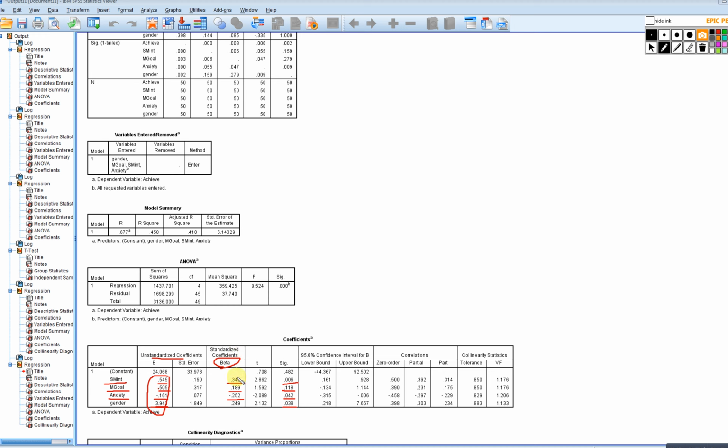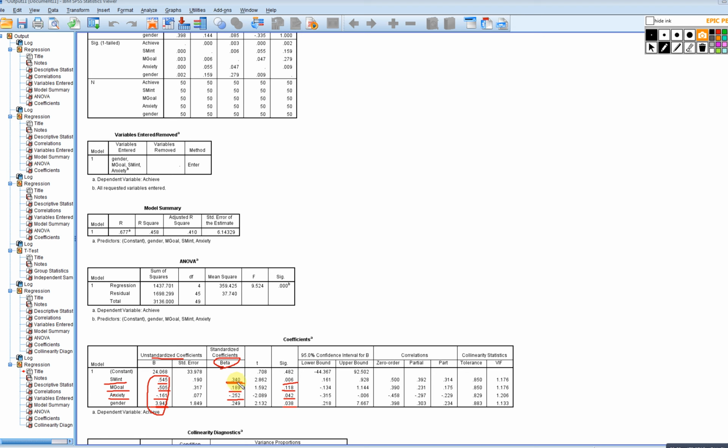Because our predictors and our criterion variable have all been standardized, we can judge the relative predictive power. So we see, for instance, that subject matter interest had the highest regression coefficient in absolute value.